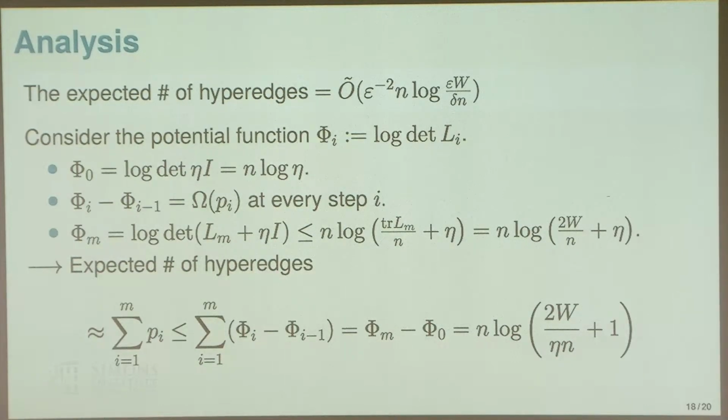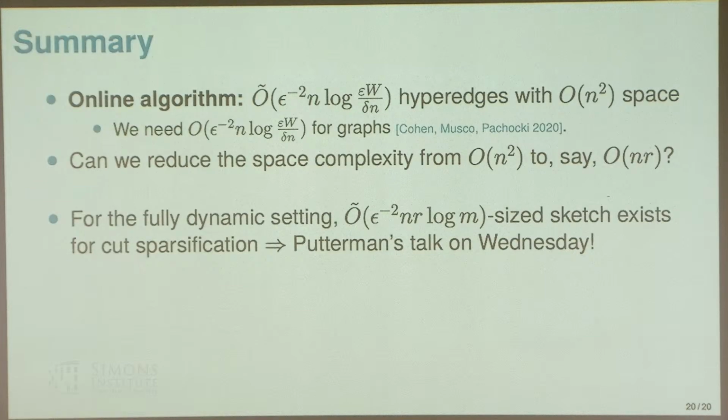Okay. So it's good. I'm almost on time. So this is what we did in this work. We showed an online algorithm with n times log of W hyperedges with n squared space.